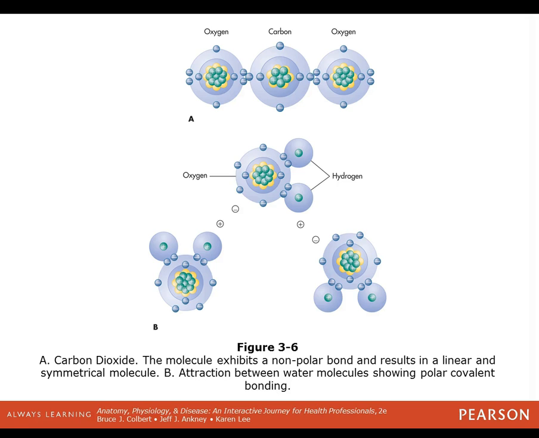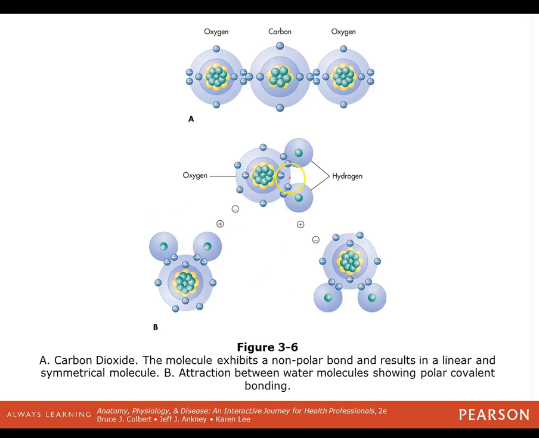Here we have a carbon dioxide molecule, and we see that carbon dioxide actually lines up in a linear form, and the molecule will have a non-polar bond because it's all linear and symmetrical. But here with the water molecule, like I drew on the other page, you have the oxygen, and then off in an angle behind it, kind of like a tail, you have the hydrogens.